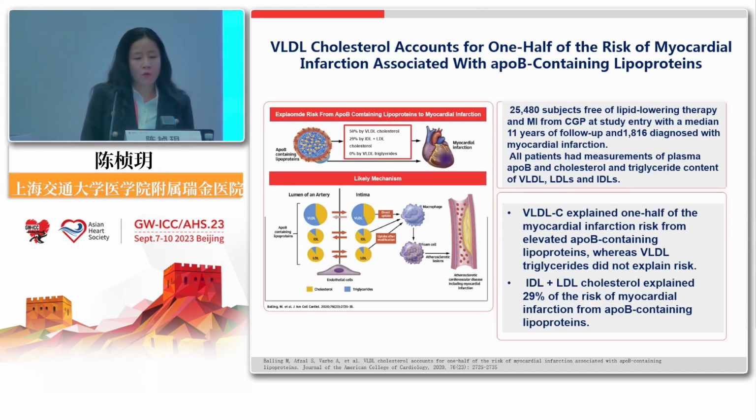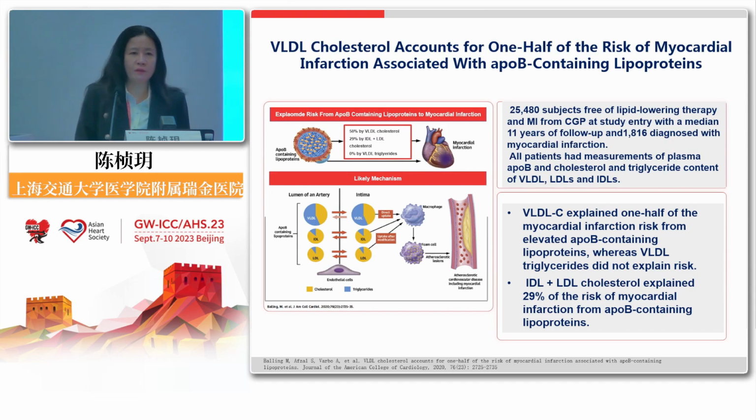VLDL-C accounts for 1/2 of the risk of myocardial infarction associated with ApoB-containing lipoproteins, as published recently in a journal, which is quite out of expectation. VLDL-C explained 1/2, but LDL-C at ideal levels only explained less than 30% of the risk of myocardial infarction from ApoB-containing lipoproteins.